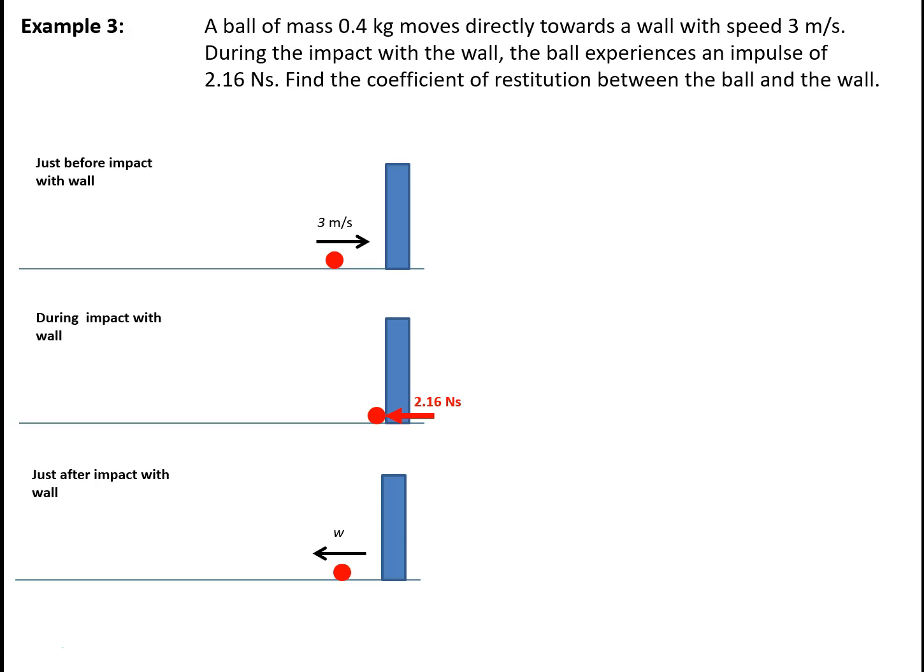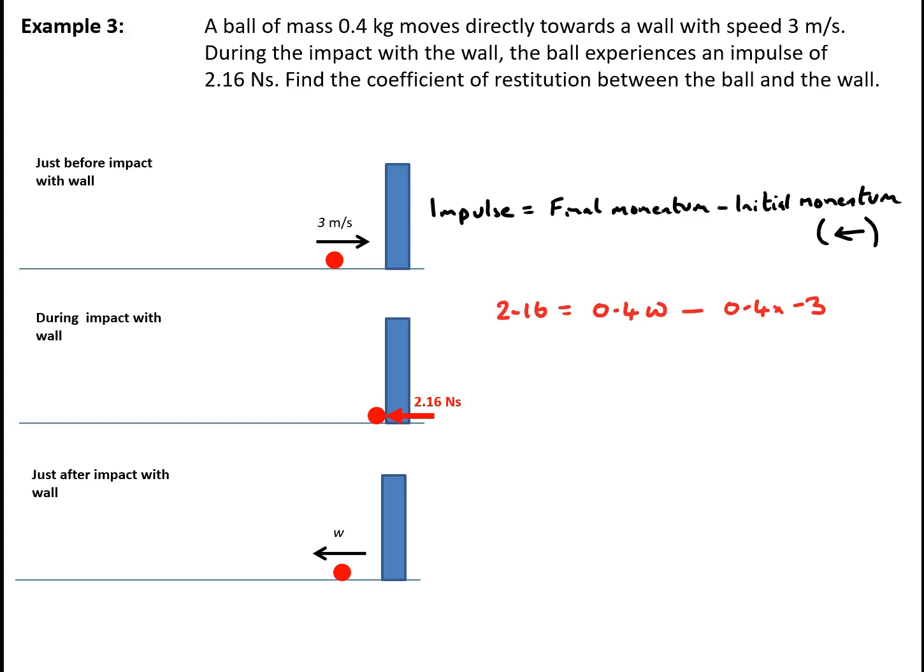So we can apply impulse equals change in momentum. We'll apply this to the left because that's the direction the impulse is acting in. So we've got the impulse, that's 2.16, equals the final momentum, which is 0.4 times W, minus the initial momentum, which is 0.4 times minus 3, because before the impact the ball is moving in the direction towards the wall, that is to the right, and we are treating to the left as being our positive direction.